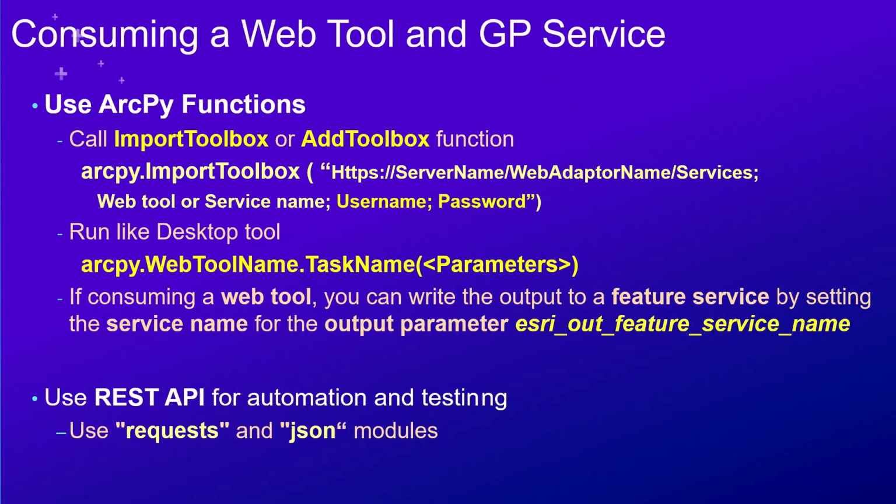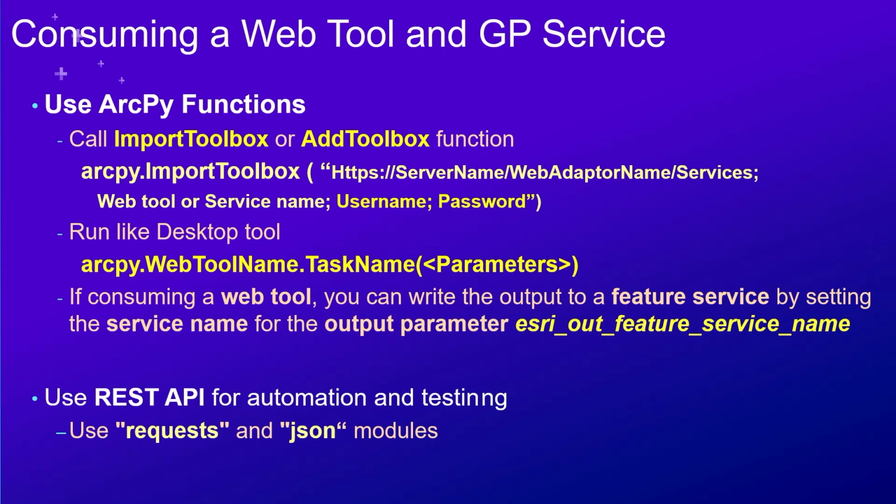And you pass your server URL and then your web tool or service name, and then pass your credentials to get hold of your web tool or GP service. After that, you run it like a desktop tool by calling ArcPy, the web tool name, and then your task name. And then you pass your parameters.